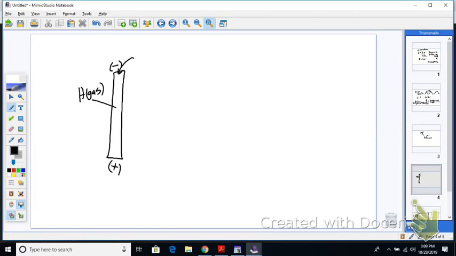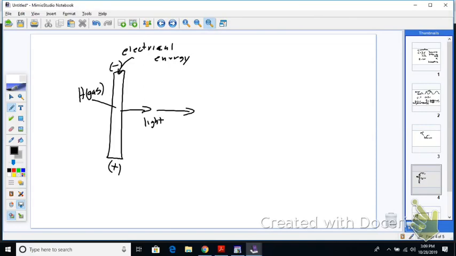And so we're going to send energy into this, electrical energy. So we're going to send it in here. And this is hydrogen gas. And when we do that, it's going to send out a certain frequency of light. And then that light is going to go this way, so it's going to give off light.